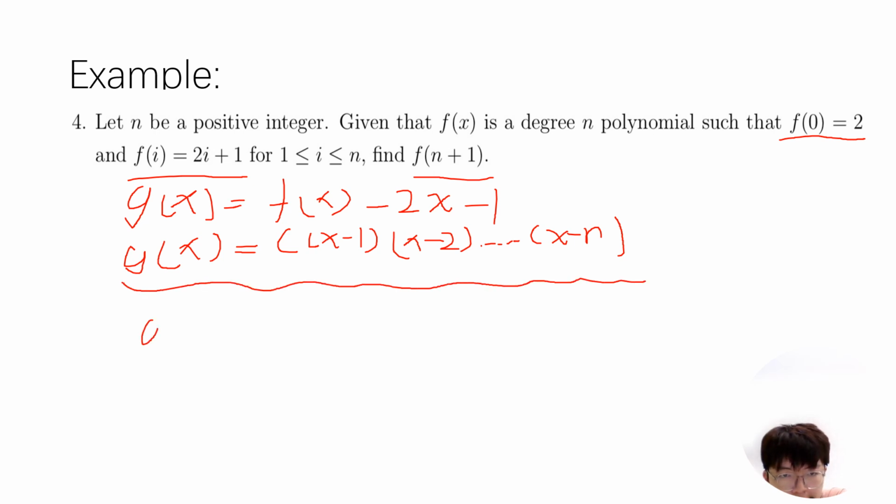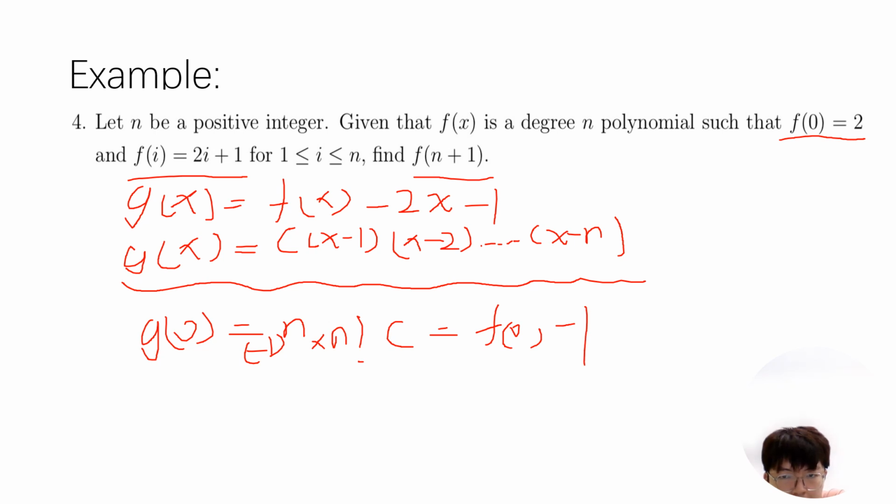Okay, g(x) is this, and g(0) is (minus 1) to the power n times c, and this is equal to f(0) minus 1, which is 1. c is this, right?